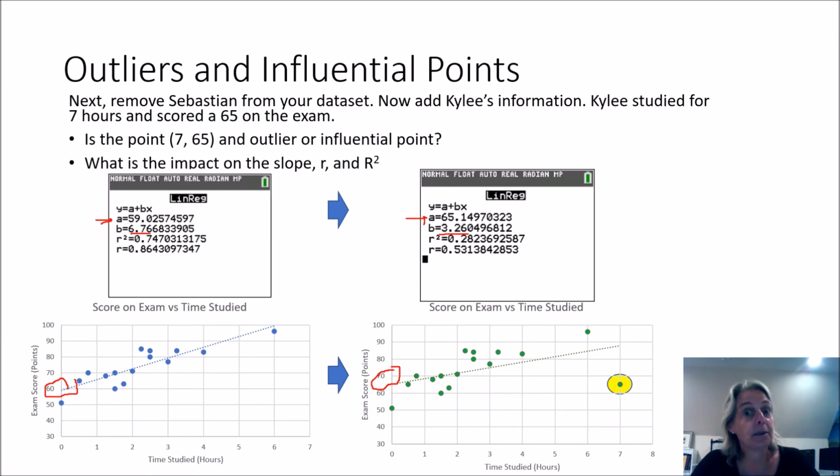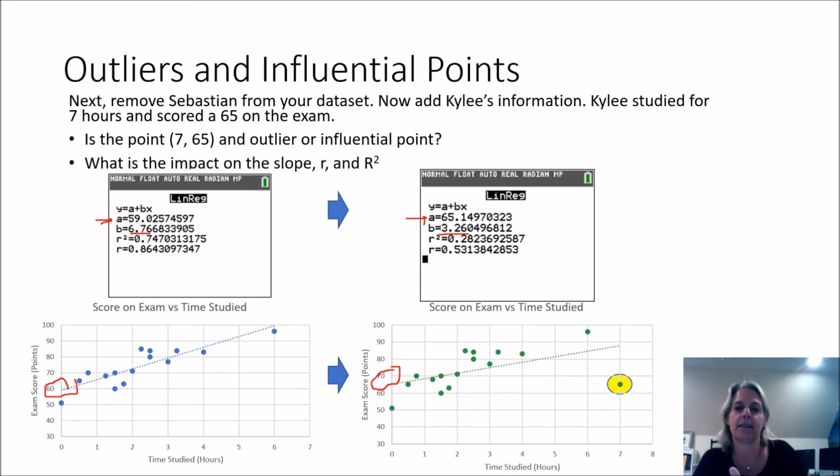Now, with influential points, sometimes that correlation goes up. You have to be careful with that one, because the more extreme the distance is from my new influential point, the further outside it is from the rest of the X values.